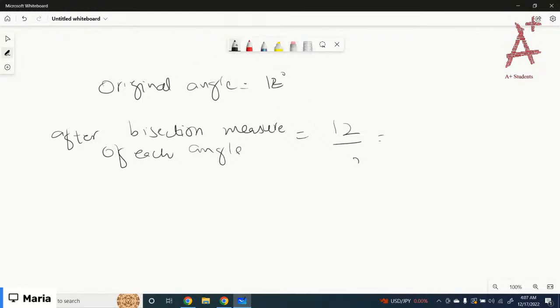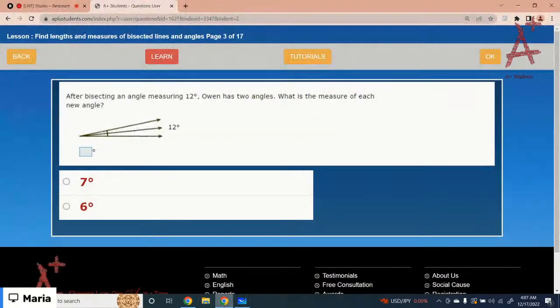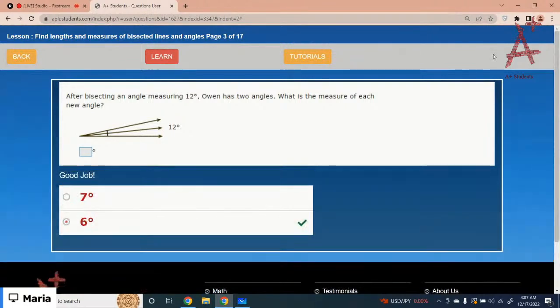That means after bisection, the measure of each angle is 6 degrees. The total angle is 12, and the two angles after the bisection are 6 degrees each. So just select the correct option and click on the OK button.